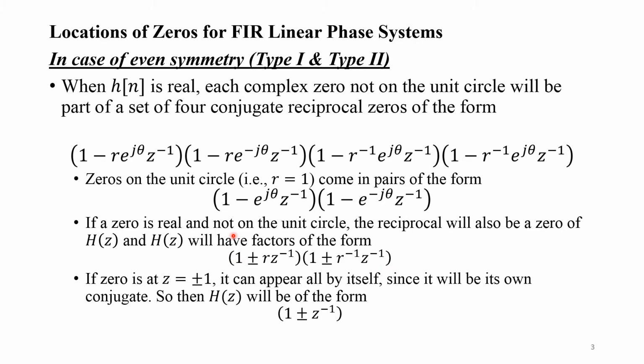Because if it is real, then theta is 0, so e^(j theta) will become 1. Then we have the reciprocal of this one, so we have 1 plus minus r z inverse and 1 plus minus r inverse z power minus 1, from the derivation we did on the previous slide.